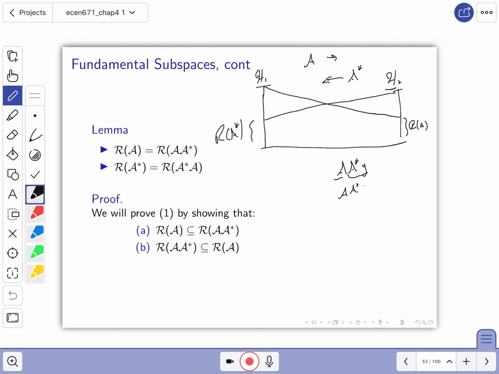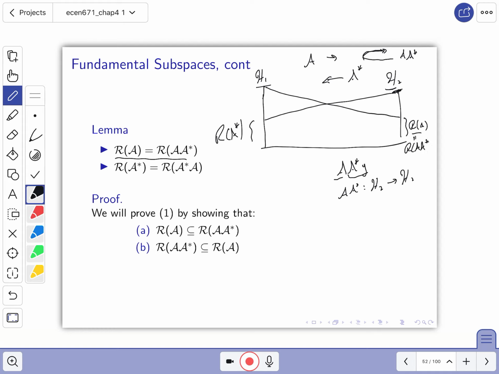So A A star maps H2 onto itself. In other words, it starts in H2, goes over to H1, and comes back. And this first statement says that the range space of A is exactly the same as if we started in H2, mapped over to H1, and came back to H2. So this has to be equal to the range space of A A star.